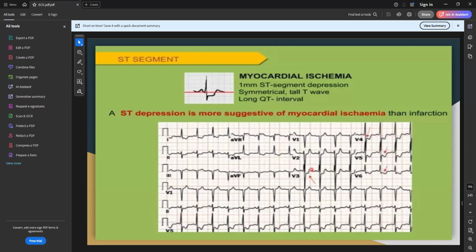Here it is symmetrical. Here also you can see the ST depression, and the QT interval from the Q wave to the T wave is also prolonged.